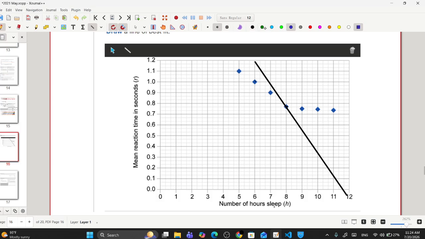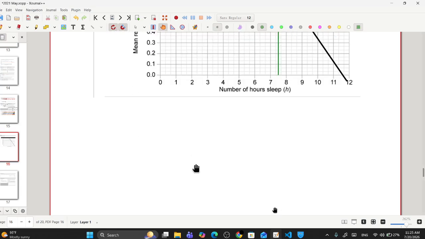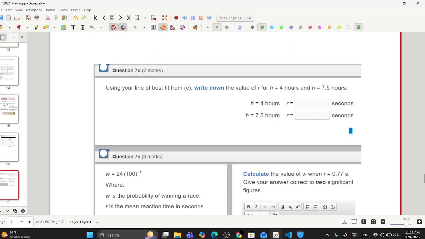This is 7.5. So this is roughly 0.88 for 7.5. 0.88.